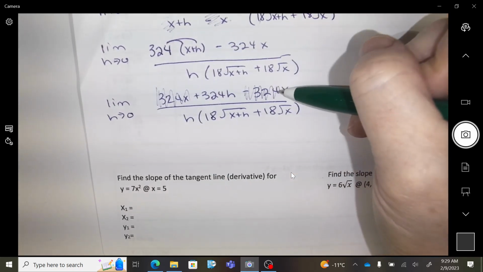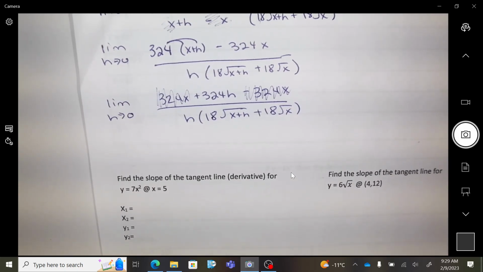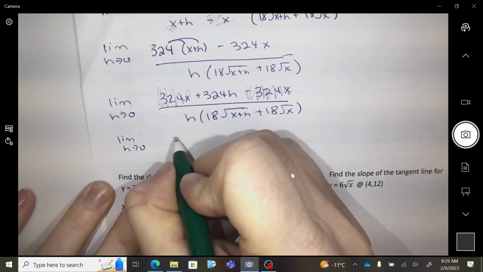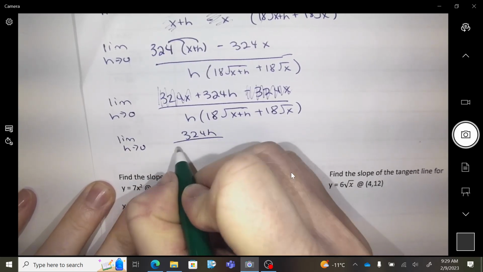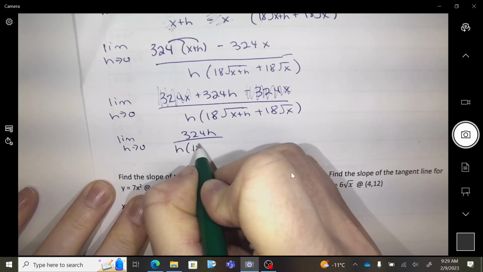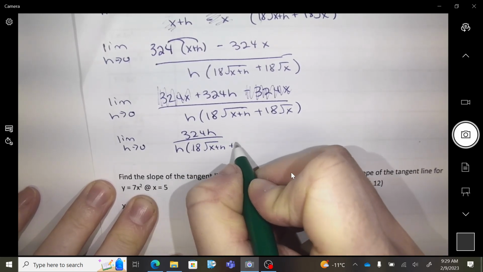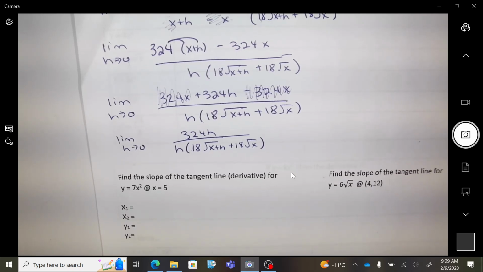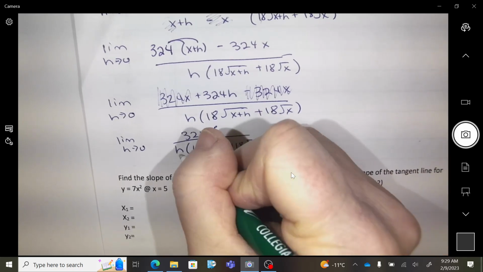Then, have you noticed a pattern? Once you're algebraically maneuvering, something on the top usually disappears because there's something minus something of the same. Okay, same pattern. Guess what's going to happen now? An h will cancel.